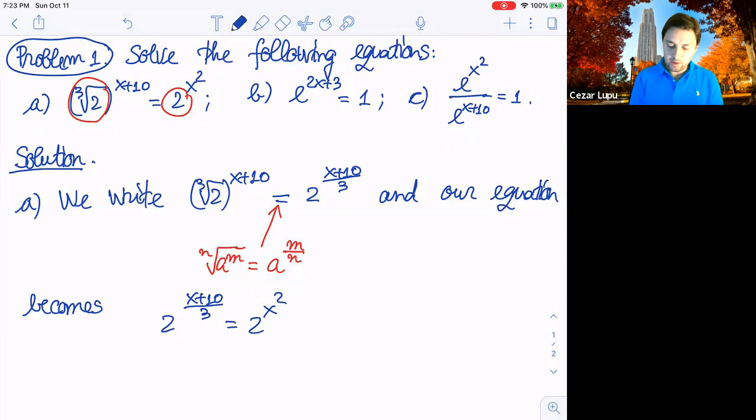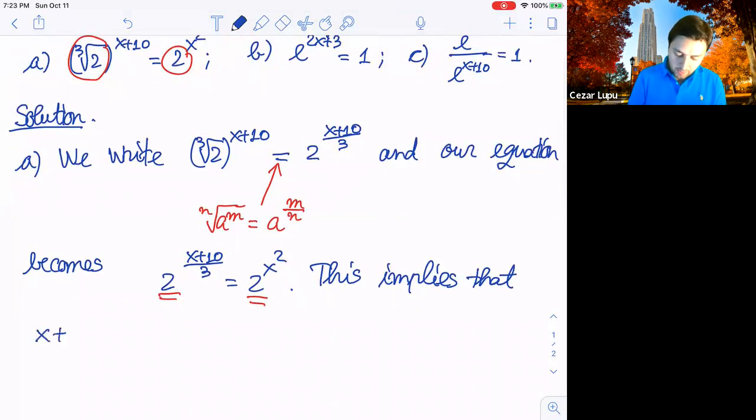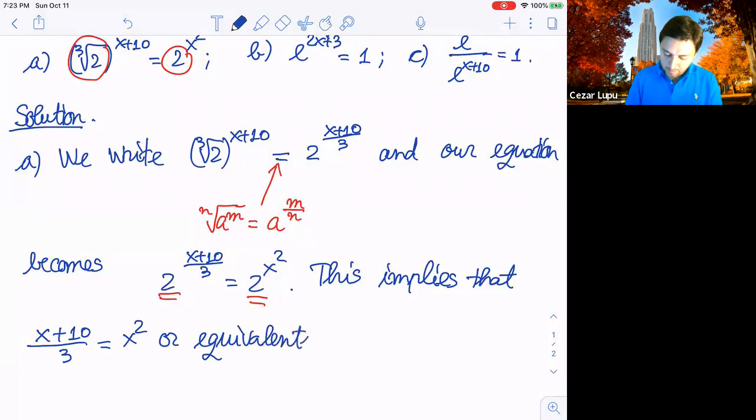Now, as you can see, these are two exponentials with the same base, so this implies that x plus 10 over 3, everything over 3, is the same as x squared. Or equivalently, we have that x plus 10 is the same as 3x squared.